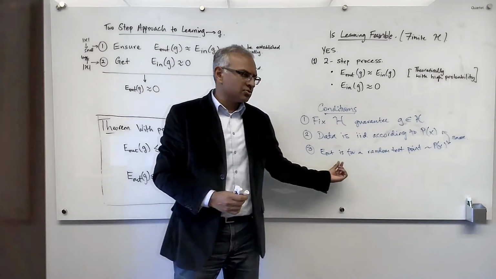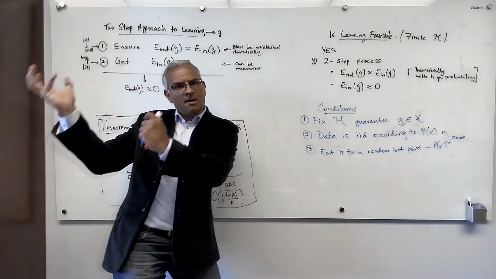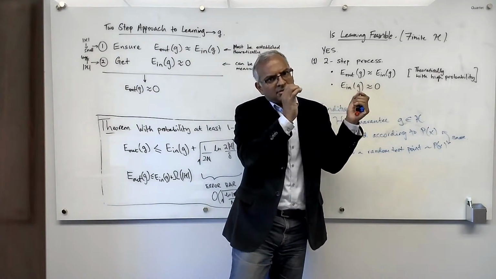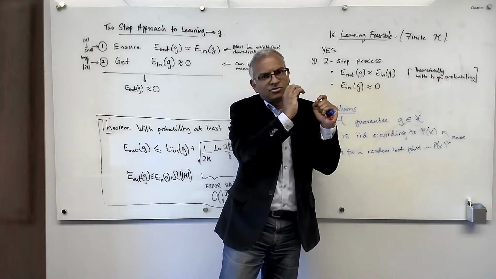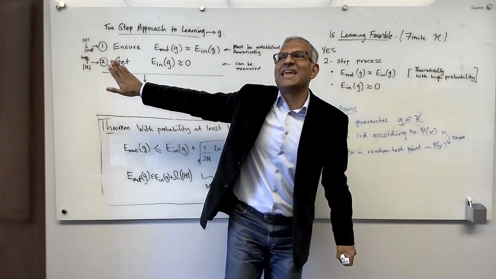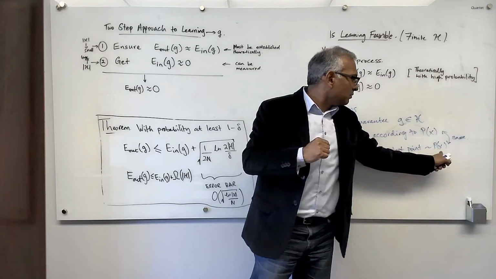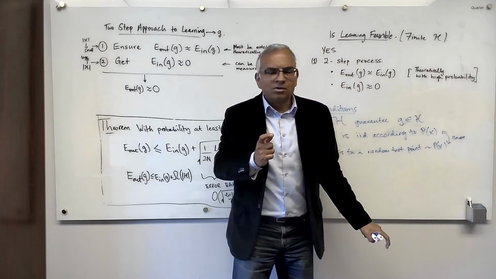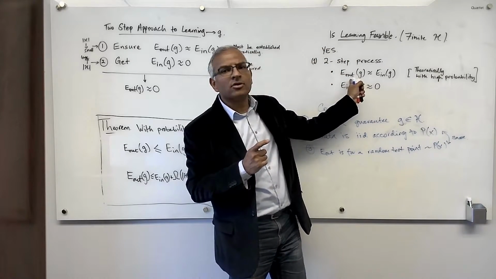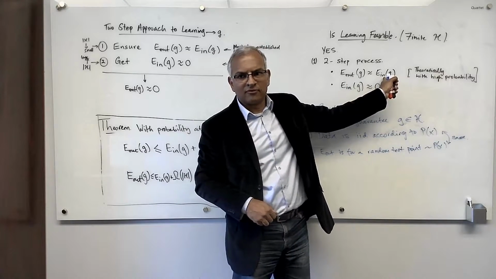Now, this relates to a requirement in the bin/sampling model that when you pick a sample from a bin, and you look at its in-sample fraction of red, that tells you something about the population mu, the population fraction of red, for that same bin that you took the sample. Okay, and if you mess around with anything here, basically you're trying to make a conclusion that Eout for a different bin is close to E in, that you have gotten from some other bin.